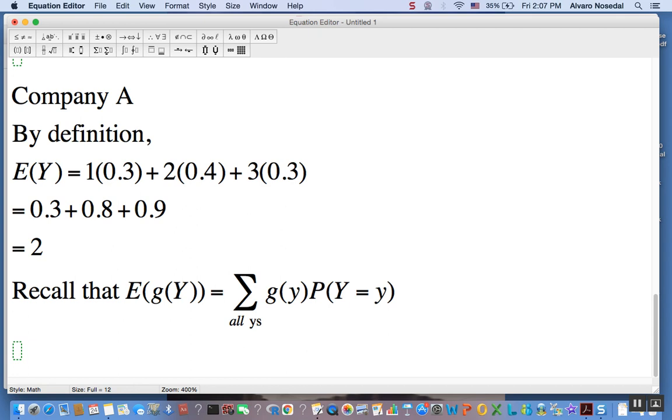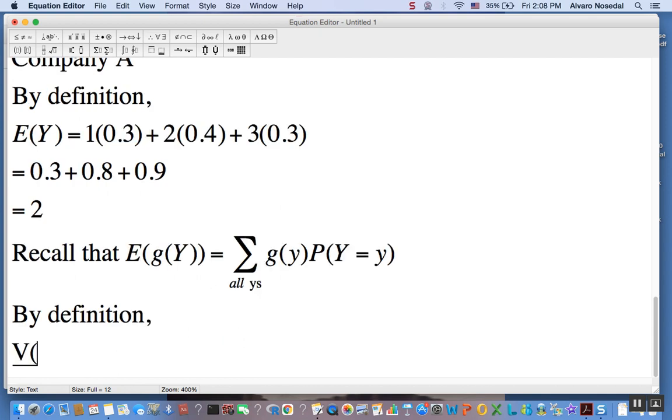So that means that in the case of the variance, let me use the definition of variance. By definition, variance of y equals expected value of y minus its mean, the mean of that random variable y, a Greek mu, uppercase.